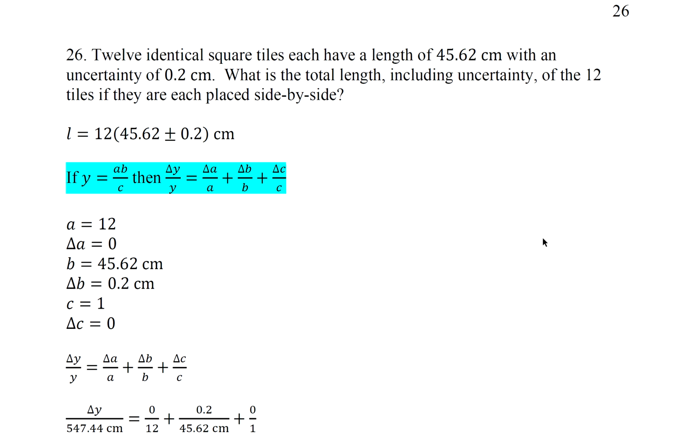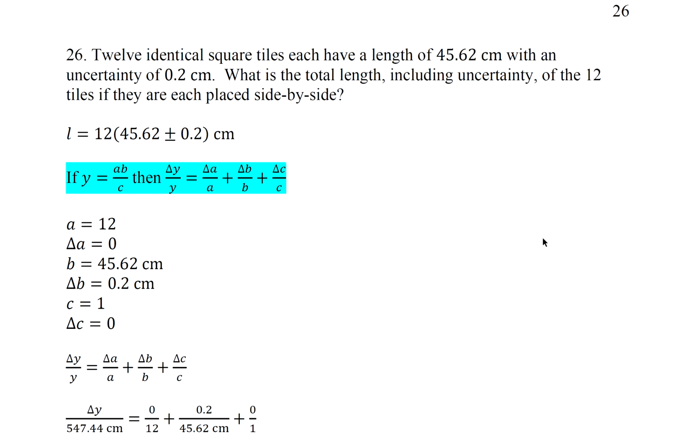Question 26. 12 identical square tiles each have a length of 45.62 centimeters with an uncertainty of 0.2 centimeters. What is the total length, including uncertainty, of the 12 tiles if they are placed side by side? So our equation is L equals 12 times 45.62 plus or minus 0.2 centimeters.